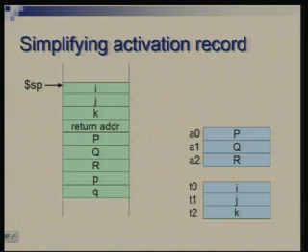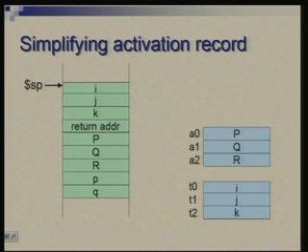So, I have shown a possible way of creating an activation record where P, Q and R addresses are put in registers A0, A1, A2. We have 2 more. So, let us keep them in the stack, and the local variables i, j and k can be kept in registers T0, T1, T2 etcetera, which are temporary registers, right.